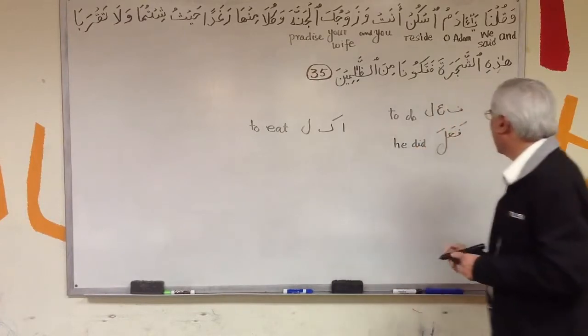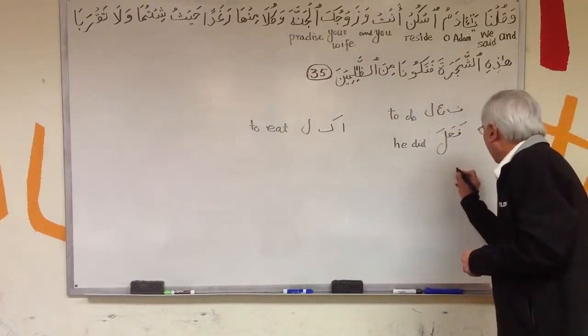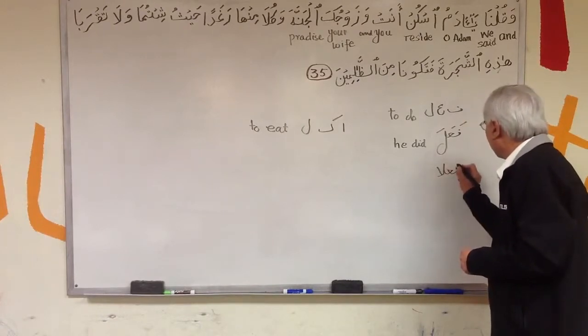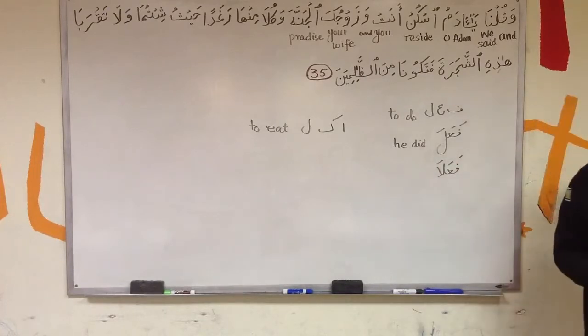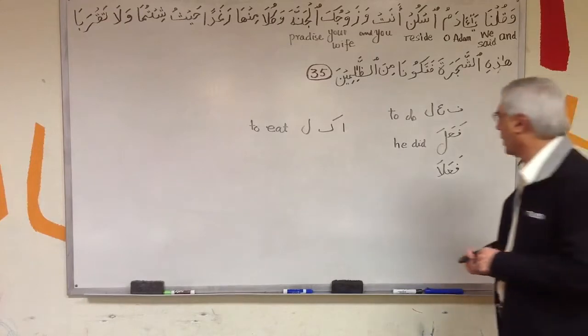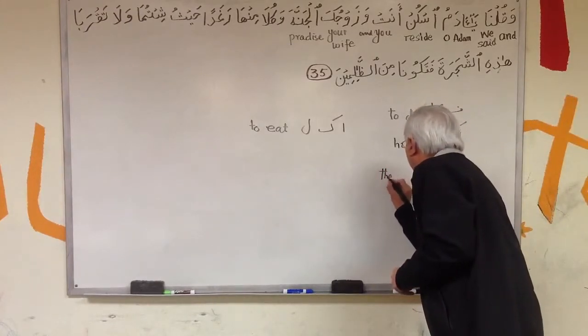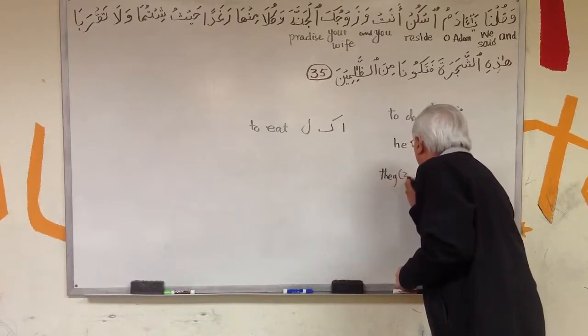Okay. Now if I write it like that, fa'ala with an alif, like that. This is the grammar of 2 people did. Okay? So this is they, 2 people did.